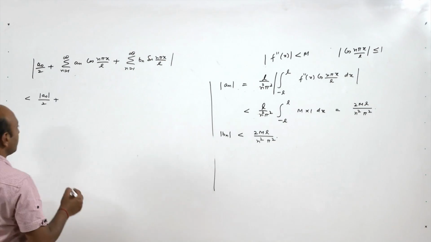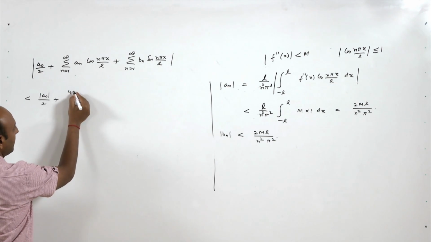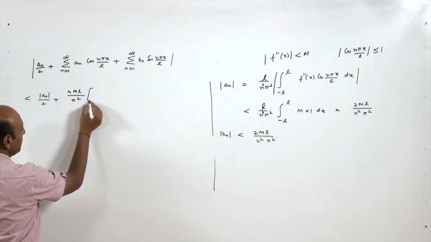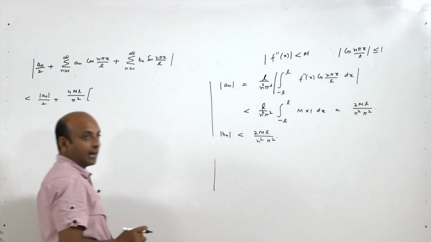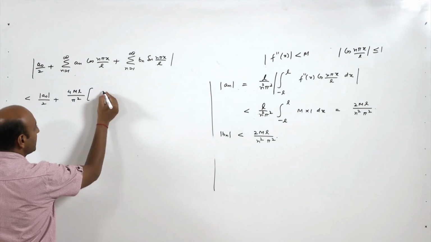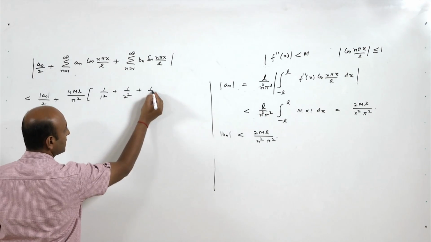So, what we finally obtain is 4 M L upon pi square will come outside, 2 from here, 2 from here, and it is summation 1 by n square, that is 1 by 1 square plus 1 by 2 square plus 1 by 3 square and so on.